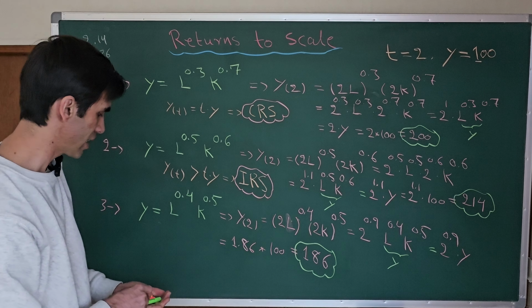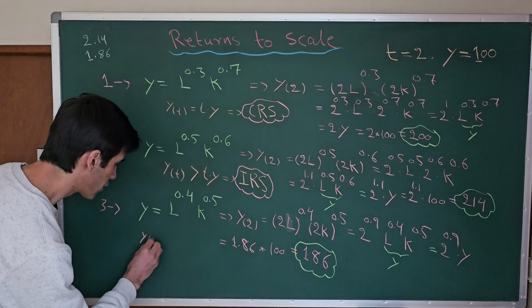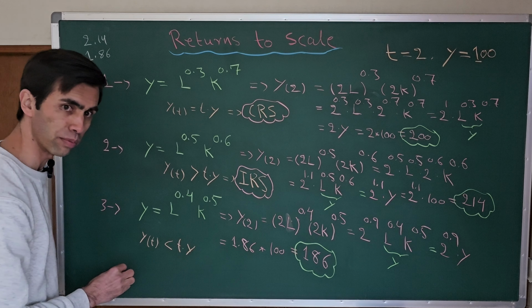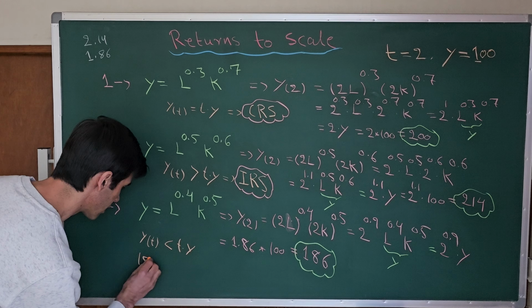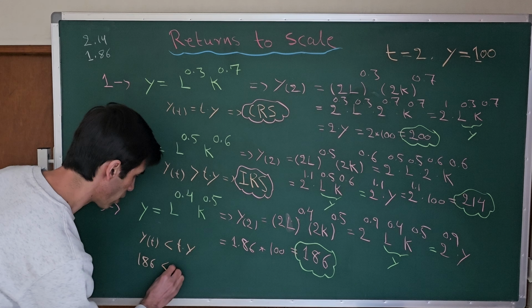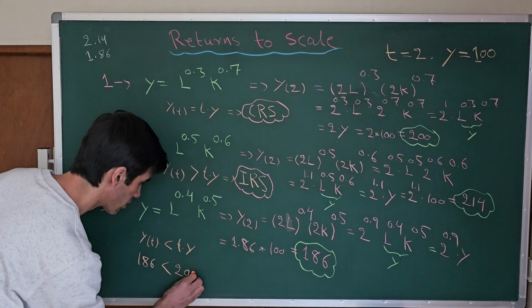So in this case, we have that y of t, y after scaling, is less than t multiplied by y. y of t is equal to 186, which is less than t multiplied by y, which is 2 multiplied by y. Y is 100, and 2 multiplied by 100 is equal to 200.